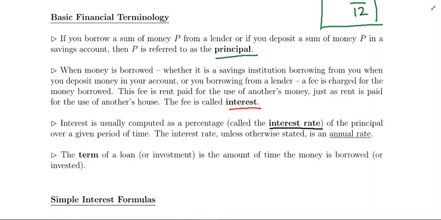Or if you put money in the bank in a savings account, savings accounts don't have very high interest rates right now. That's why you make a little bit of interest, but not very much. So 0.5% right now might be a good interest rate for a savings account. It's very small.